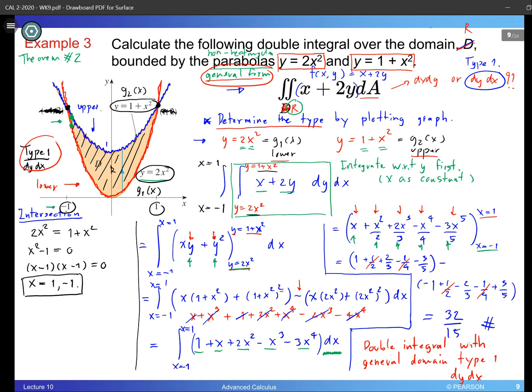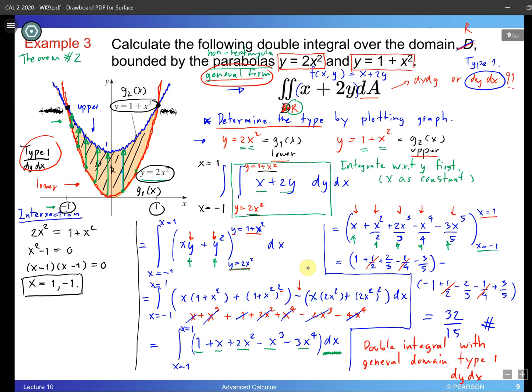And once you perform the integration, your x value is going to increase. And as you can see here, when your x value increases, you are going to repeat this same pattern, starting from the lower curve, go straight up to the upper curve. Okay, x value increases, same pattern, lower curve, vertically up to the upper curve, or you can call them lower function to the upper function.